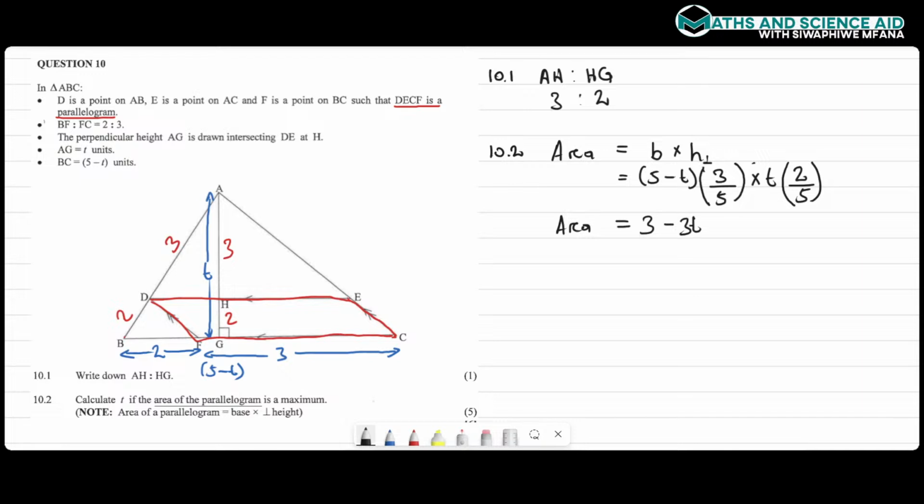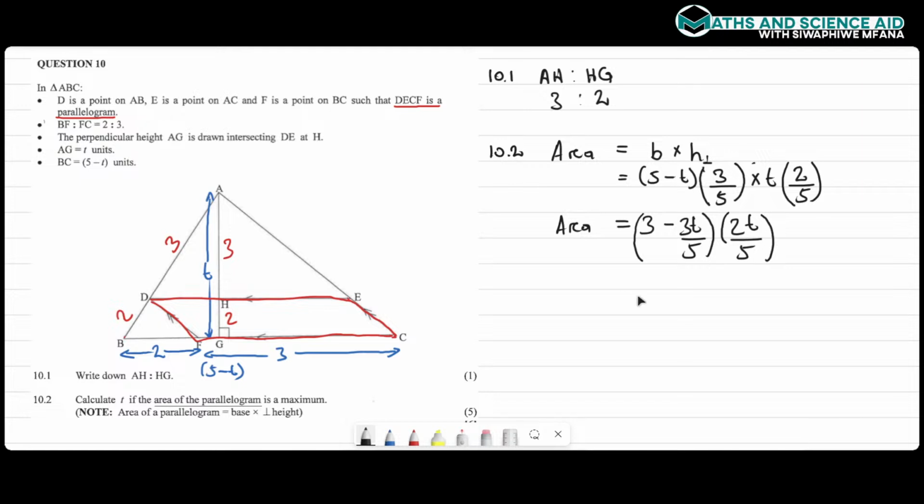That will be minus 3t over 5. And let's put this inside brackets. It's important because all of this still needs to be multiplied by 2t over 5, because t into 2 over 5 will be 2t over 5.